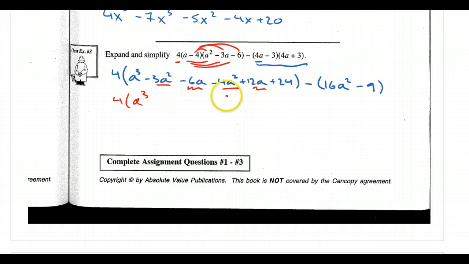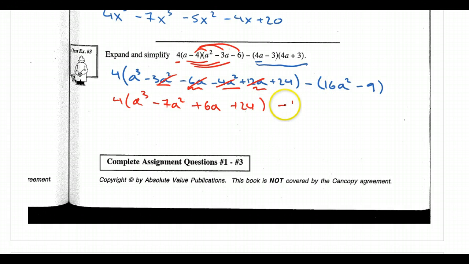Let's see, I have minus 3 minus 4, so -7a squared. Negative 6a plus 12, that's going to be plus 6a. So those are all gone. Plus 24. Okay, and now, well, now I can expand this as well.